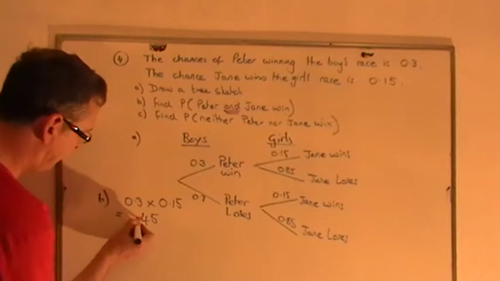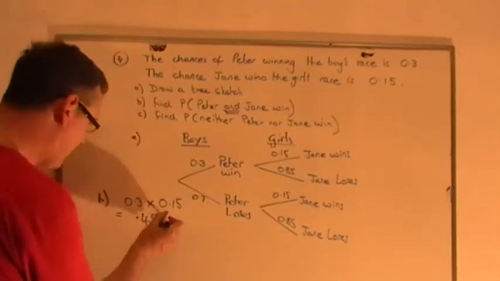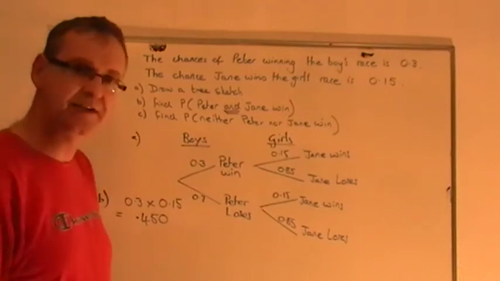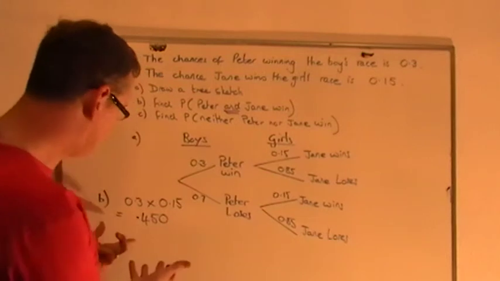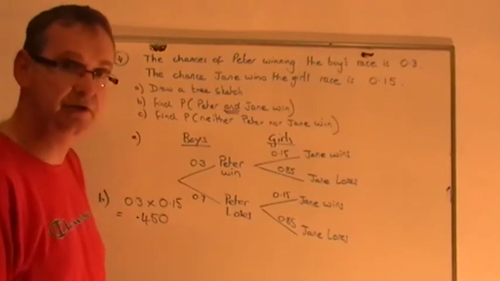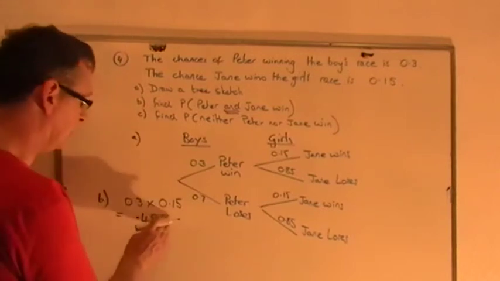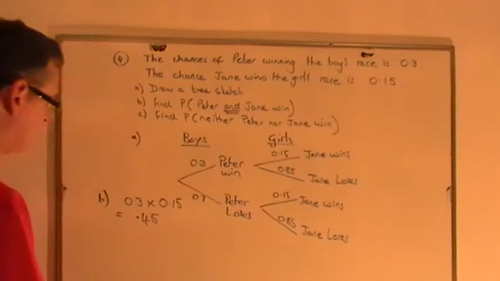Well, if you put the point there, there are 2 decimal places. You need 3. Now you don't add a 0 on the end, because adding a 0 on the end doesn't change the number at all. That is still 0.45, even though it looks like it's got 3 decimals. It's actually only got 2. Because 0.450, you'd actually rub that out to leave just 2. So how do I adapt this?